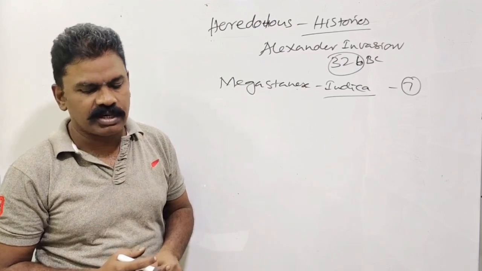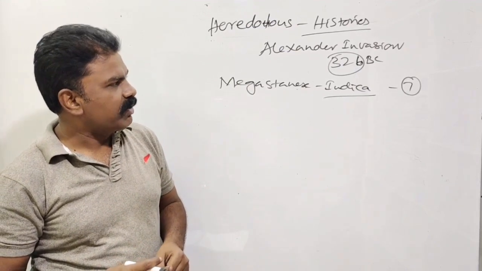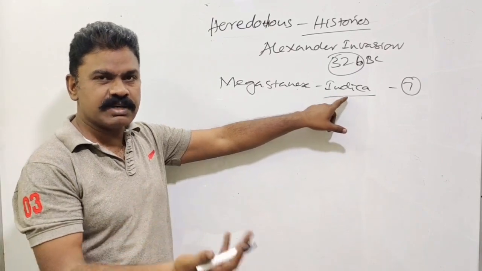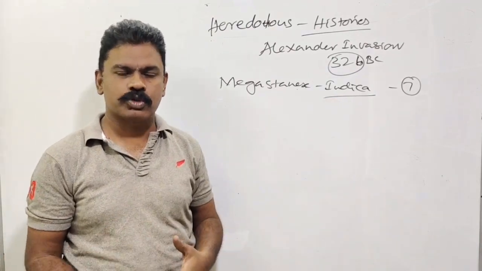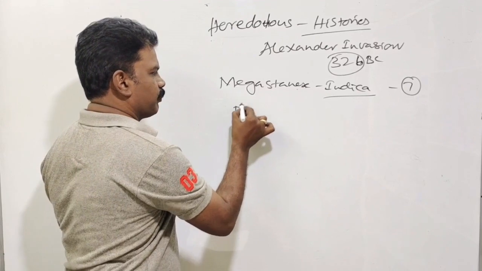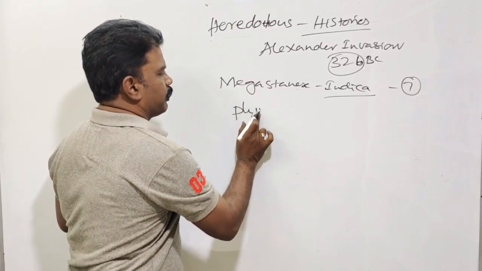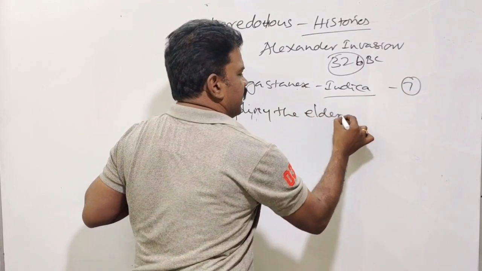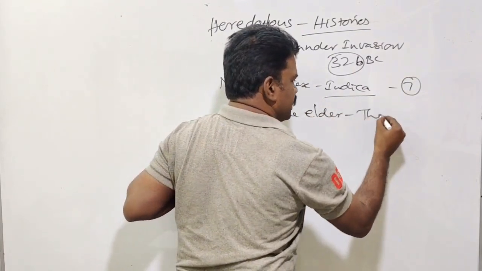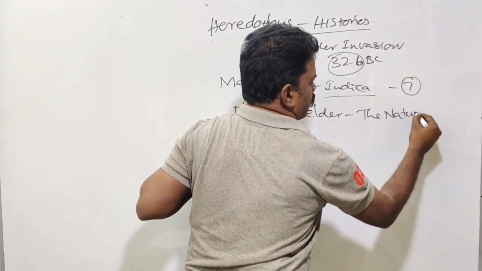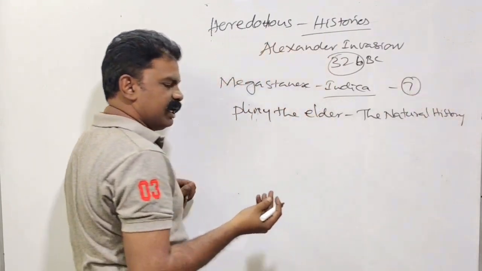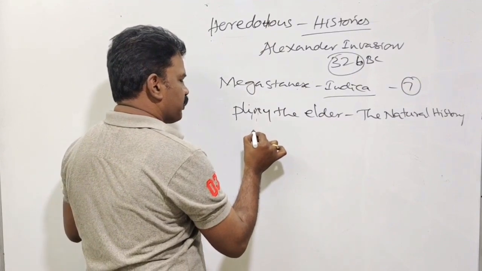The original book of Indica is not available. Some quotations of Indica were mentioned by different books, like Pliny the Elder. Pliny the Elder wrote the Natural History.